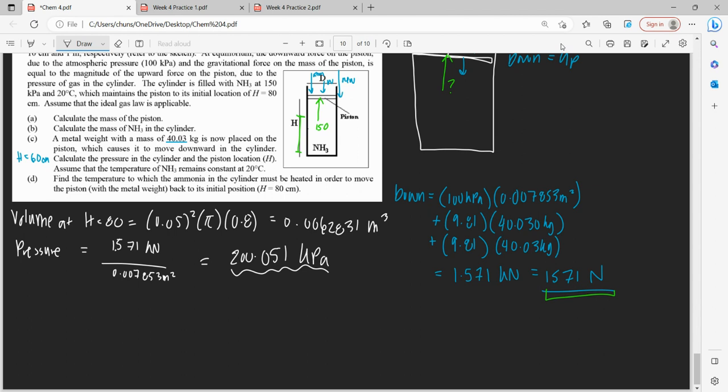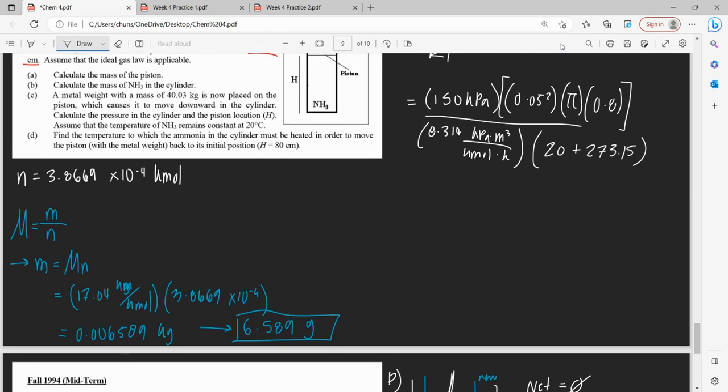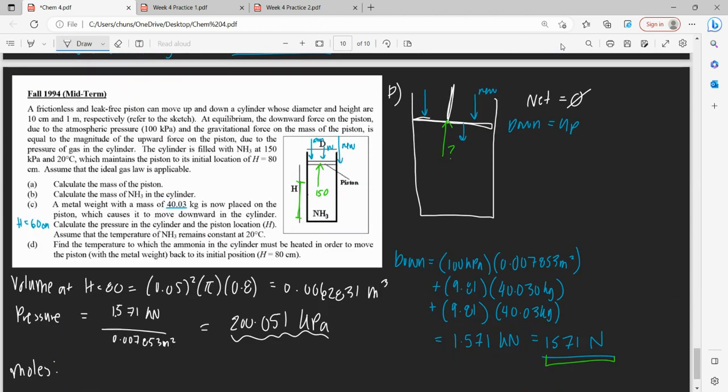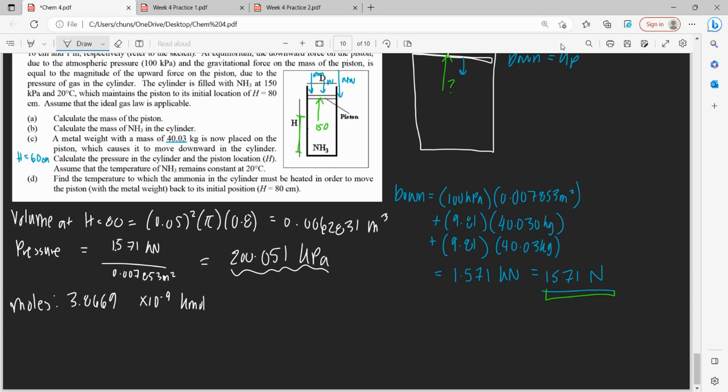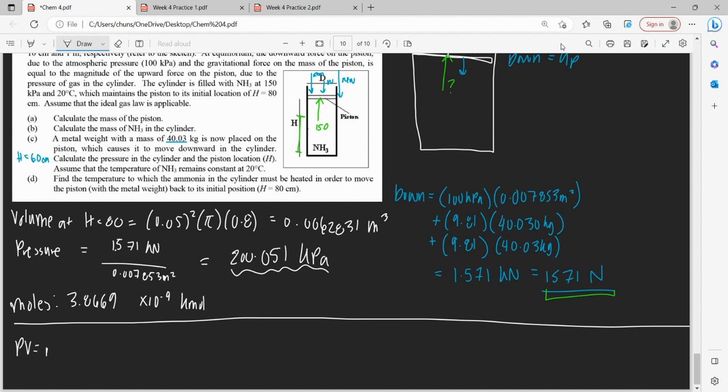And what else do we need? And our moles we found, which was, from our previous question, 3.8669 times 10 to the negative 4 kilomoles. And now we can solve for our temperature. So this is PV equals nRT, and we arrange for temperature.